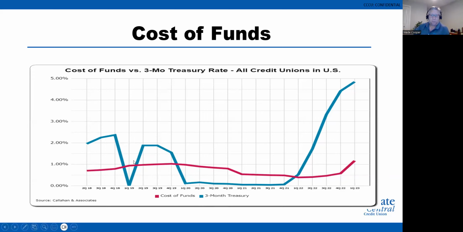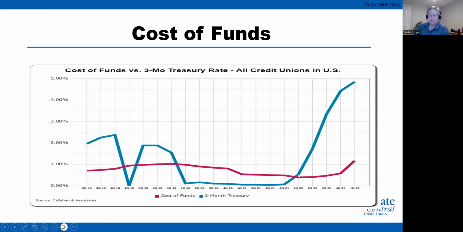So the blue line is the 3-month treasury. You can see during 2020 how low we were, and our cost of funds were actually above that. And then rates started going up, and ours, there's a bit of a lag there, that now our cost of funds is starting to go up.